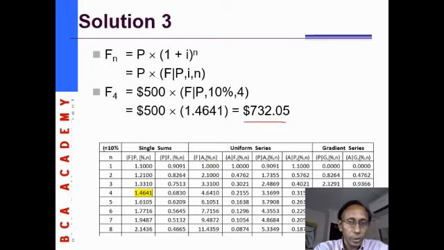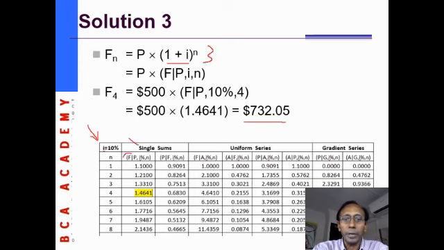Okay, so if you had used the equation, you would have used the equation F is equal to P times (1 plus i) to the power of n. Because we wanted to reduce that equation to a simpler form, we use this time value of money sheet. As I said, we have to use the single sum and this particular column of this table.